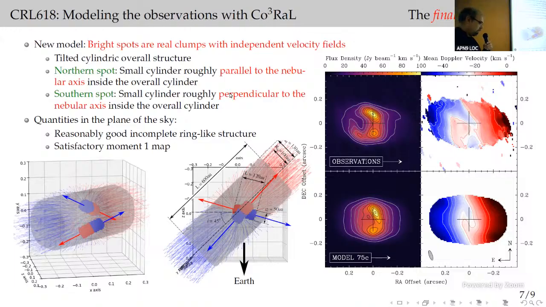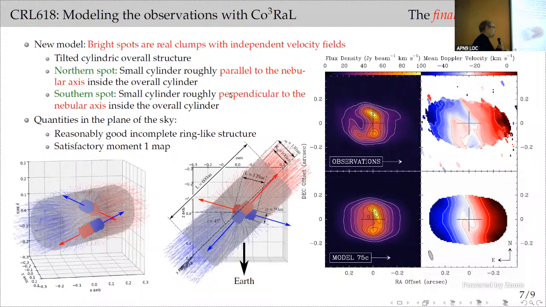You can see here the model, which is essentially a filled cylinder inclined with respect to the plane of the sky, with two different objects inside, with which we try to mimic the presence of high velocity jets. As you can see here, the inclination of these jets is a bit weird, but you can see that these directions are mostly perpendicular.